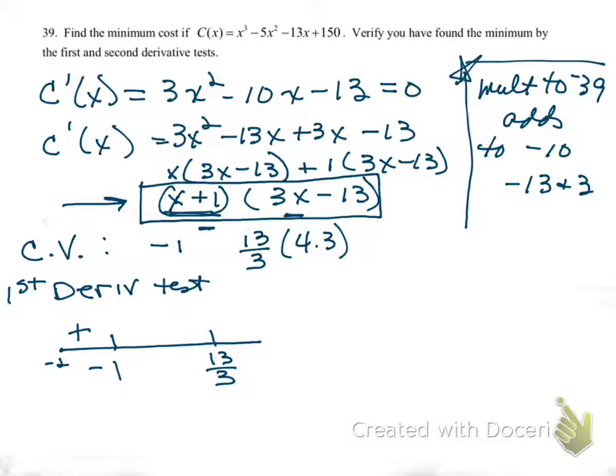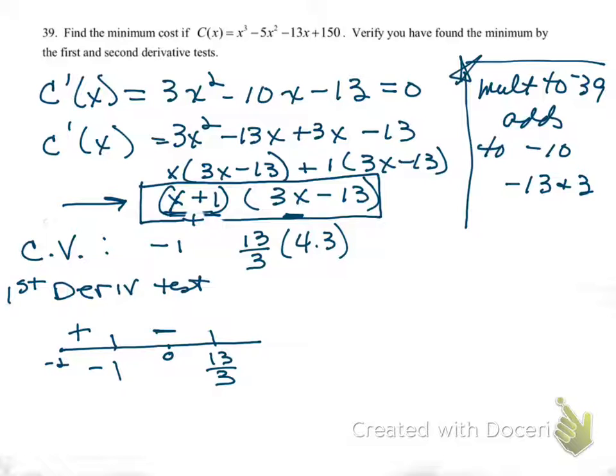Now let's test a number between the two critical values, and let's say I test a 0. You don't need to write these numbers down, but I sometimes find it easier to do so. If I plug a 0 in my first factor, I'm going to get a positive. If I plug a 0 in my second factor, I'm going to get a negative. A negative times a positive is a negative.